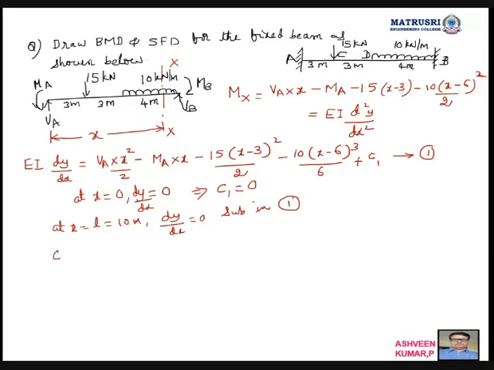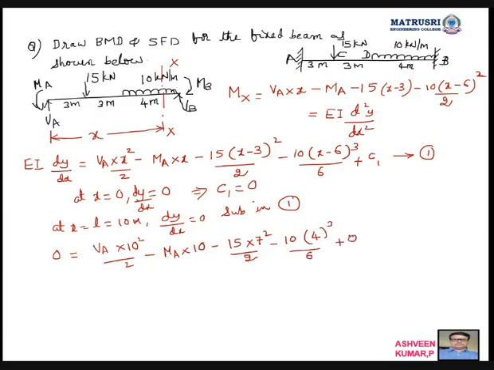So what will happen? 0 is equal to VA into 10 square by 2, minus MA into 10, minus 15 into 10 minus 3, 7 square by 2, minus 10 into 10 minus 6, which is 4 cube by 6.